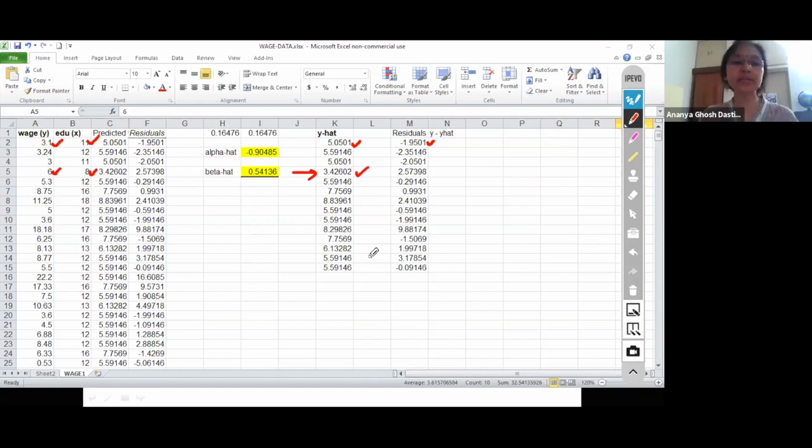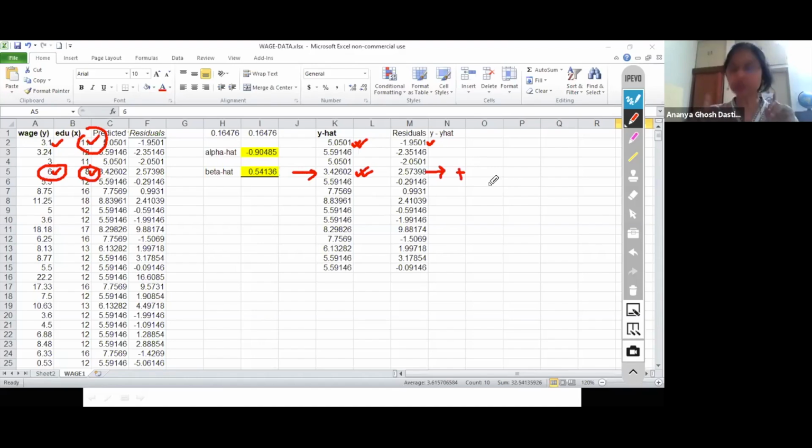So my model predicts that someone who has fewer years of education, 8 years, should be earning less than someone who has 11 years of education. And my model is fine. With 11 years of education, my model predicts you should be earning $5. With 8 years of education, my model predicts you should be earning about $3. But actually, this person is earning $6. So in this case, Y minus Y hat is positive, and I get a positive residual.